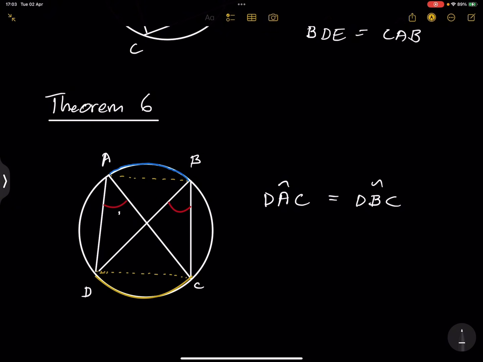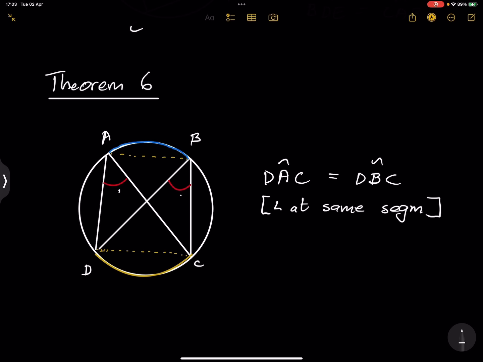So that angle there is equal to that angle, or you can just simply say angle A is equal to angle B. Now note, what do you say? The reason that we give is that we always say angles at same segment. We would definitely understand what you mean when you say angles at same segment. Now note once again, it has to do with the cyclic quad. So if I can prove that angles at same segment are supplementary, then it means, rather, they are equal.